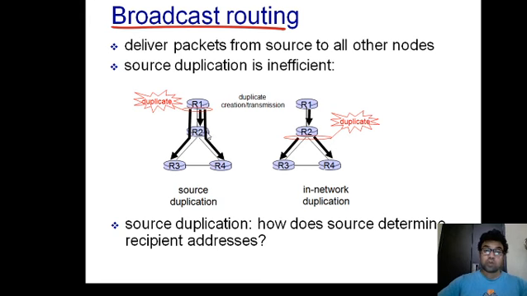Then it will stop broadcasting that particular packet. So it's again a challenge for us, because that packet is coming to R2 again, using the bandwidth of the network and creating traffic in the network.